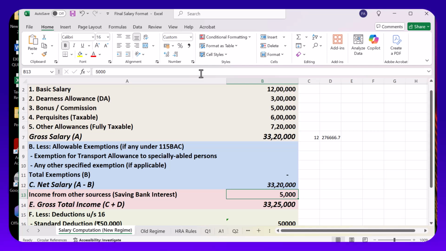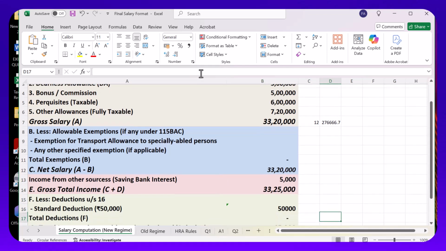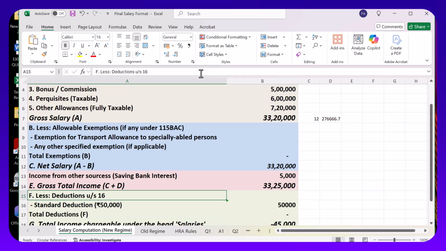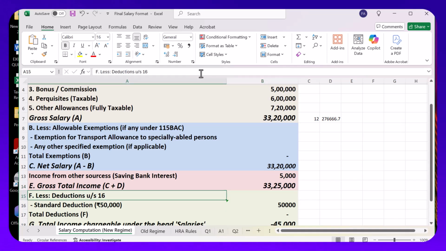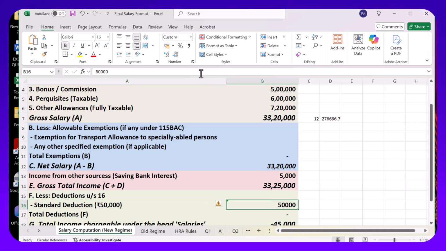Now, this is your income. Then read this. This is the gross total. How much is the gross total income? Now, from this, you get some deductions under section 16, which is the standard deduction. All persons who are working in India get a maximum deduction of 50,000 rupees.